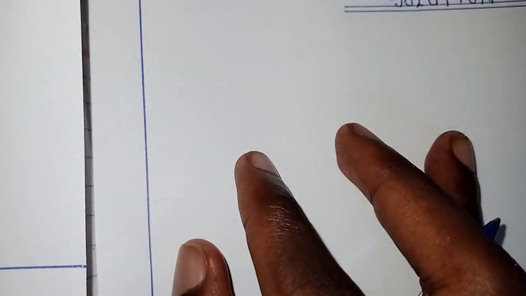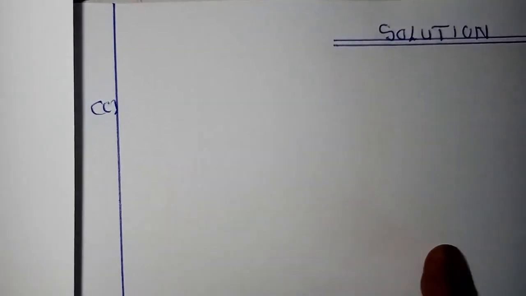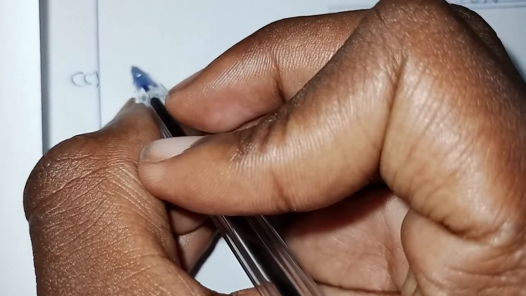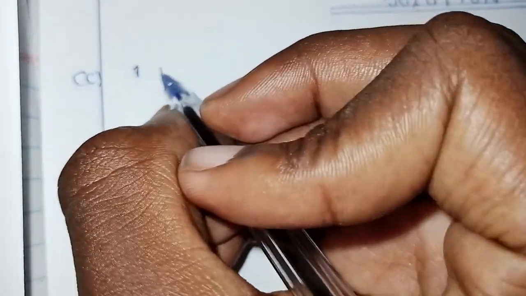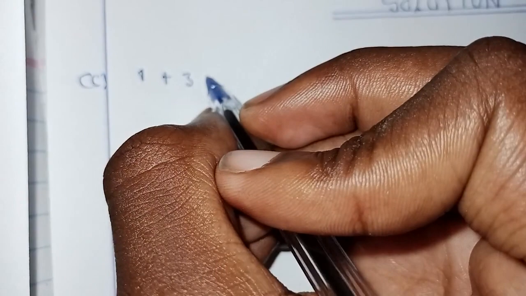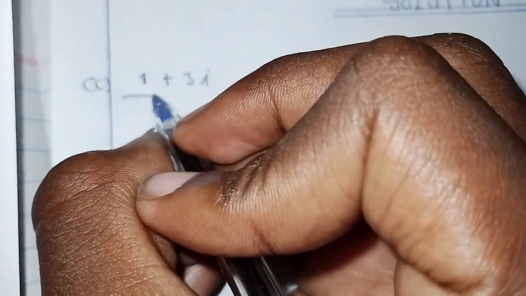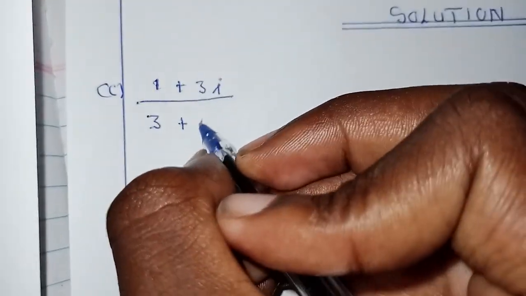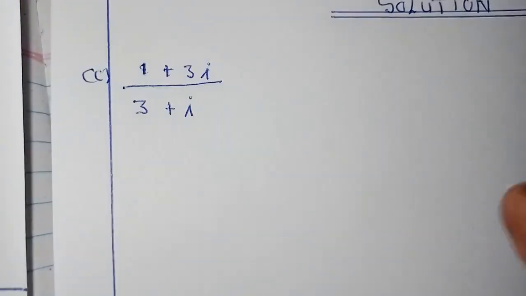So we get to C. C is saying we have 1 plus 3i over 3 plus i to the power 2.